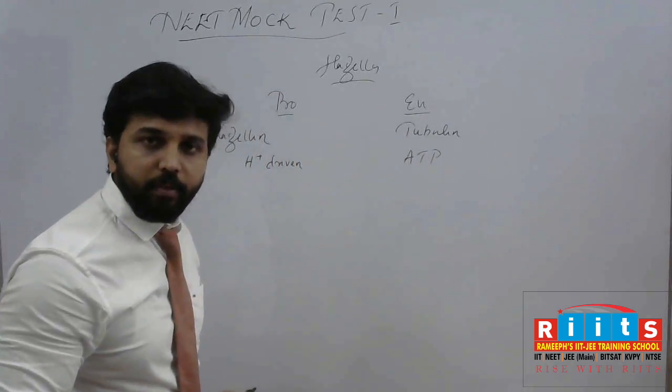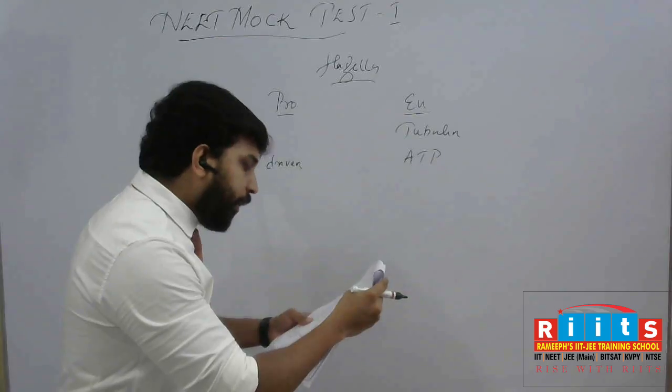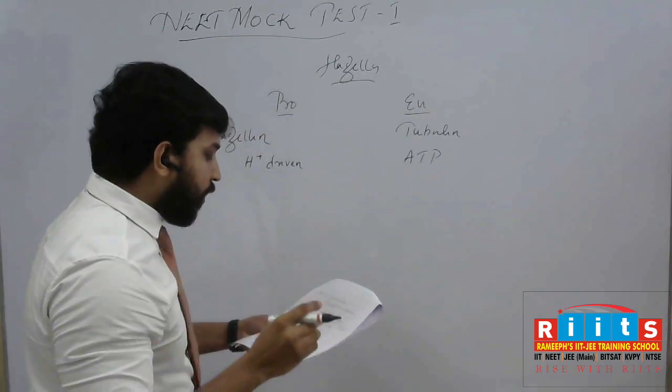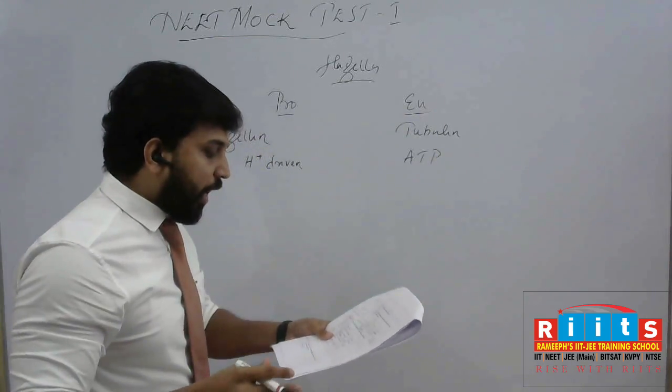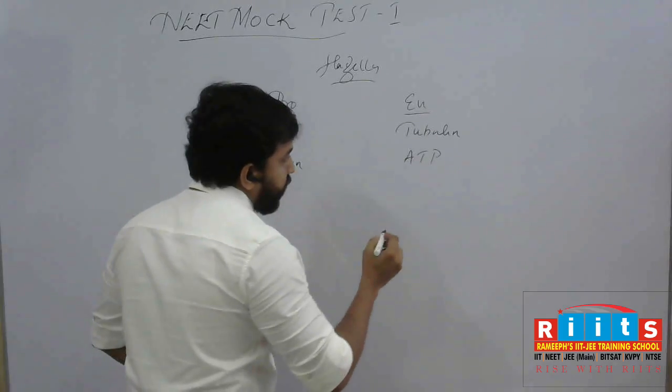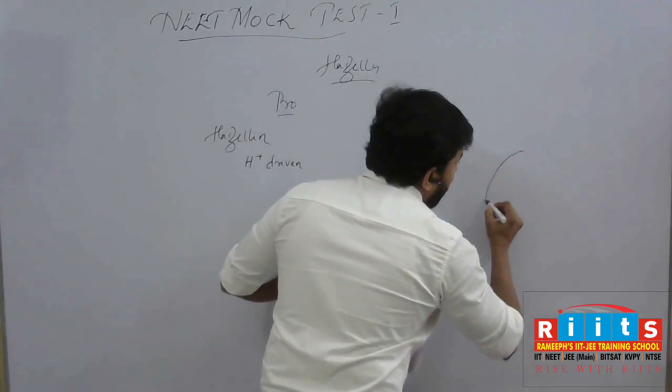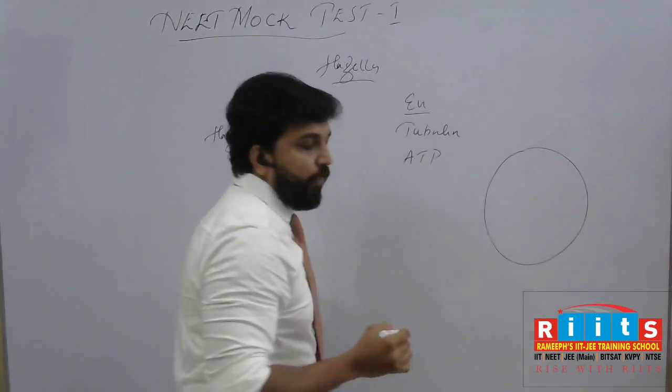It's a fundamental difference. Another difference is that flagella in eukaryotes consist of a lot of accessory proteins that help in the movement.